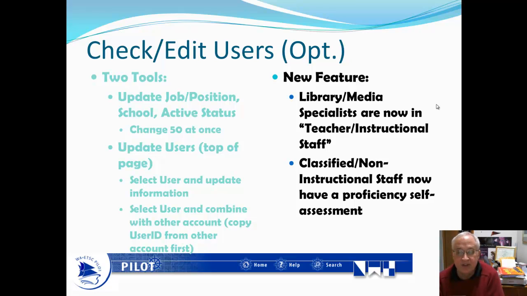This opens up a new category for proficiency self-assessments, and there's now one called the classified and non-instructional staff. So right now there's a self-assessment for teachers and instructional staff, for classified and non-instructional staff, and for administrators, which basically should take care of everybody in your district. So you can't have everybody be involved in the pilot survey at one time.